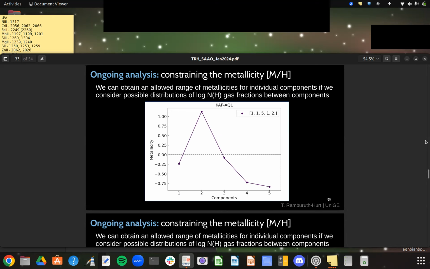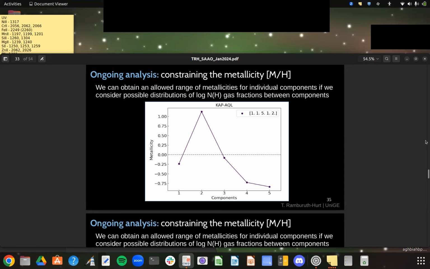And that's because we can't calculate the metallicity. But what we can do is obtain an allowed range of metallicities for individual components if we consider possible distributions of the hydrogen gas. So if we make an assumption on how the hydrogen gas is distributed along the line of sight, then we can calculate the metallicity.